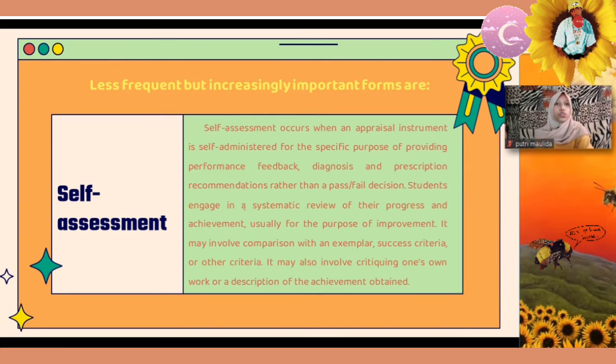It is designed to judge our own work. We can diagnose what we have to improve, but this is not the one that we use to know are we fail or are we pass.